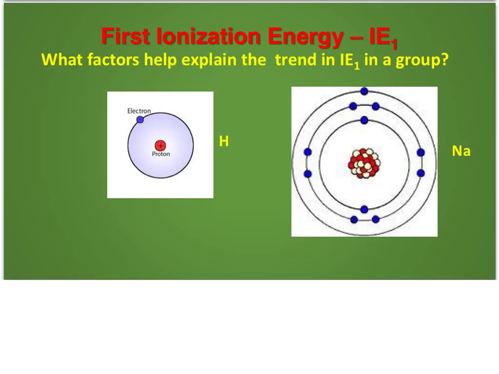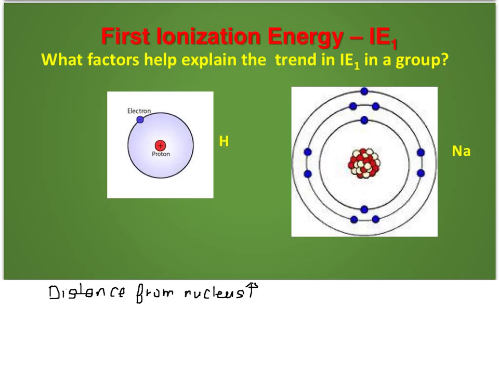They both have 1. Now, as we move from hydrogen to sodium, that is, as you move down the group, you see that the distance from the nucleus increases. That arrow means increases.